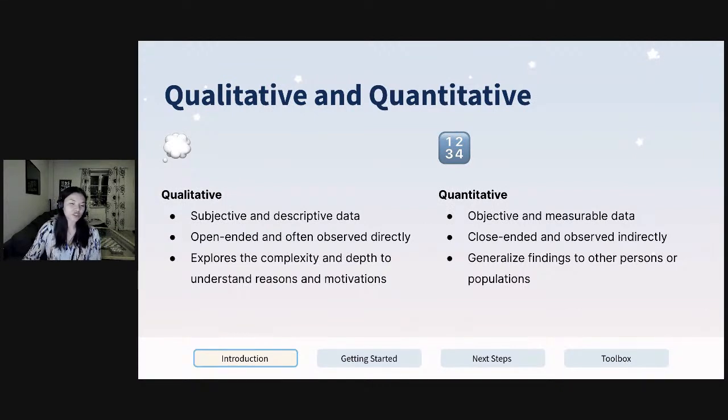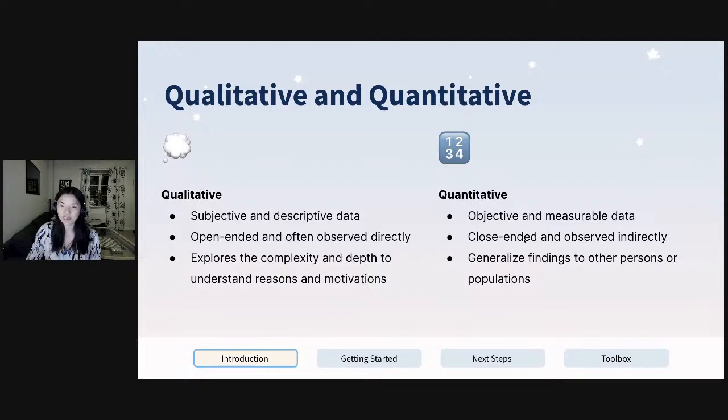And this answers questions like how and why and things that are more complex, and dives into the depth of things to understand reasons and motivations. Interviews, those types of things are really good methods with qualitative reasoning. And then with quantitative, it's kind of the opposite. We have objective and measurable data, things that are a little bit more concrete.